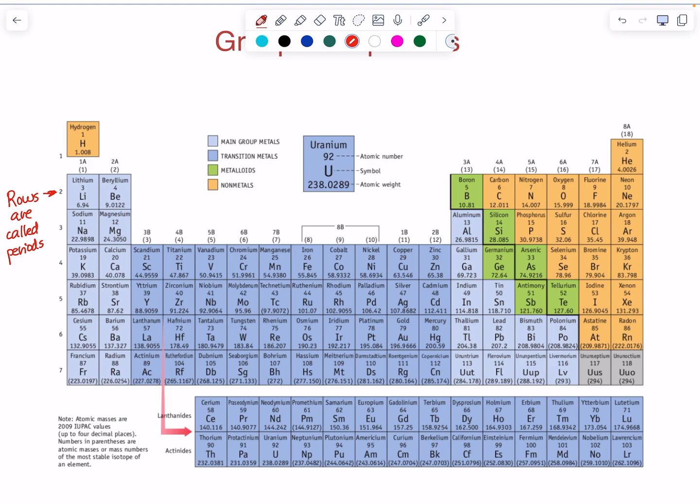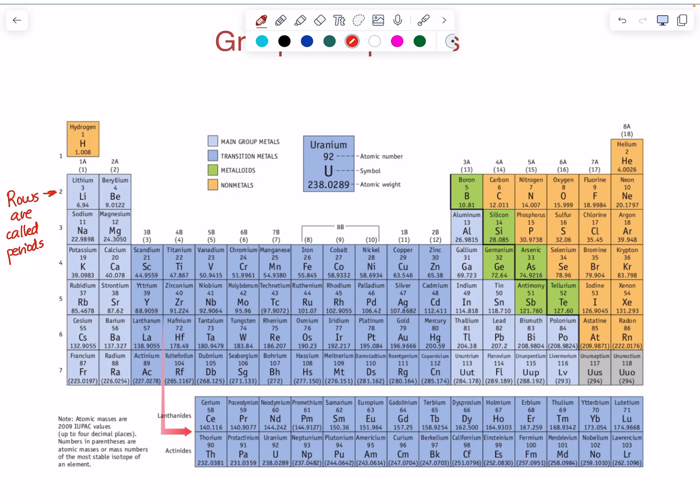And the periodic table is called the periodic table because the properties of the materials vary periodically, regularly, as you go from left to right across the table.